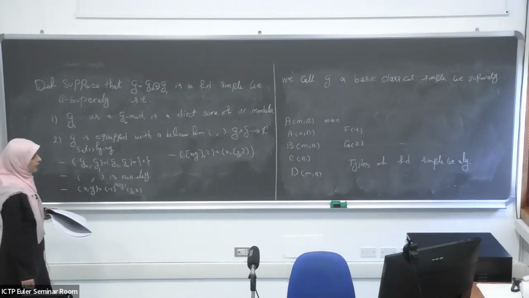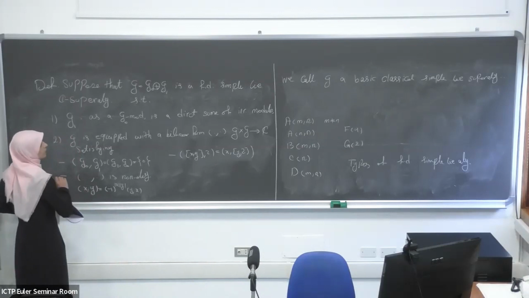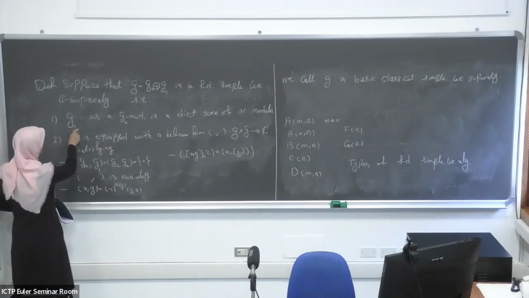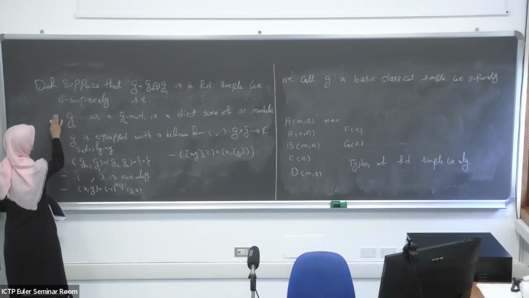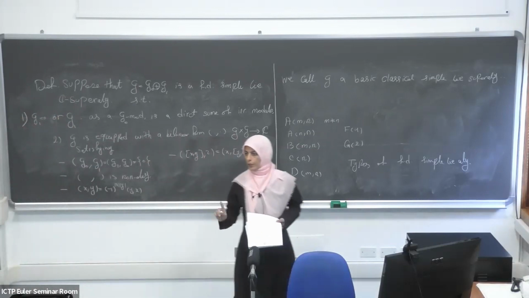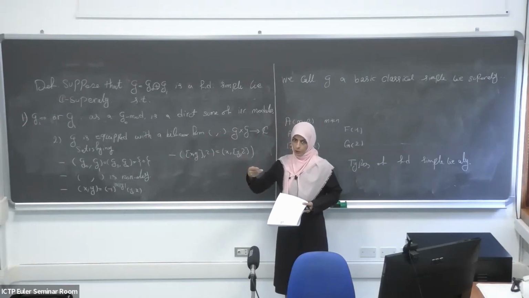Each finite dimensional simple Lie algebra is also considered as a basic classical simple Lie superalgebra. And if I want to be more precise, it's better to write here G1 is 0 or. Okay, because I told you that when we are talking about irreducible modules, I assume that that module is not 0.